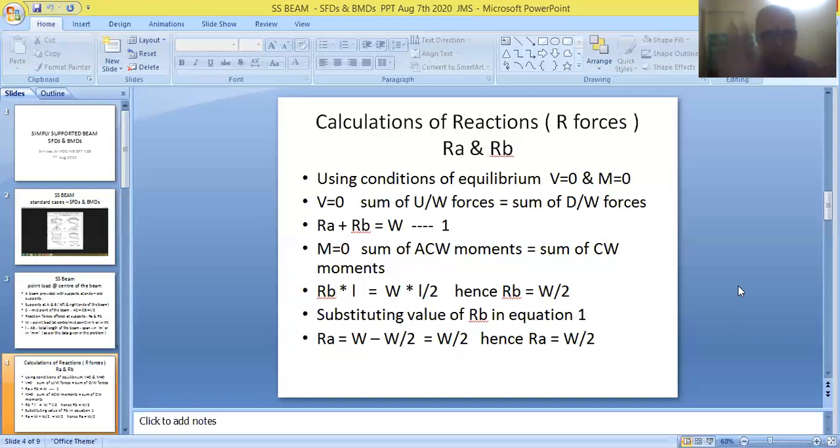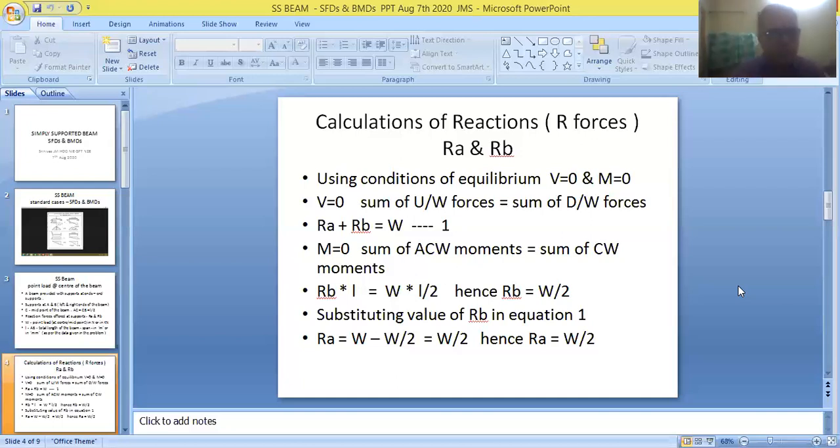Without calculating the values of RA and RB, we cannot solve problems on a simply supported beam. It is not possible to write shear force and bending moment equations, and without writing equations, we will not be in a position to construct the shear force and bending moment diagrams. So friends, even for starting the problem, we need the values of RA and RB.